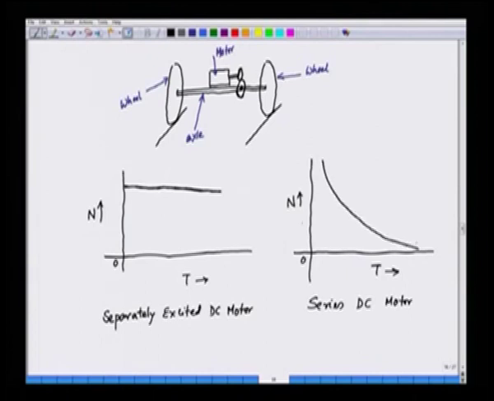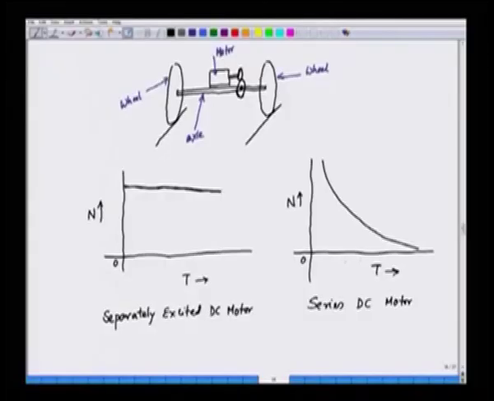So, at low speed we have a high torque. So, it means the starting torque is very high. For a series motor, the starting torque is very high, and when we have full speed, the torque is very low, as we see here. When we increase the speed here, the torque developed by the motor decreases.